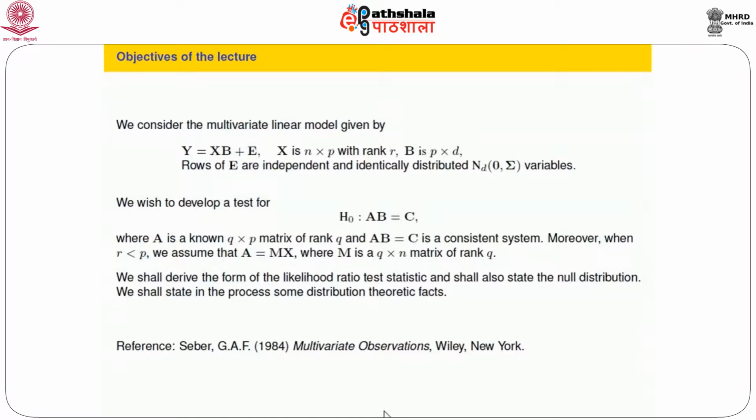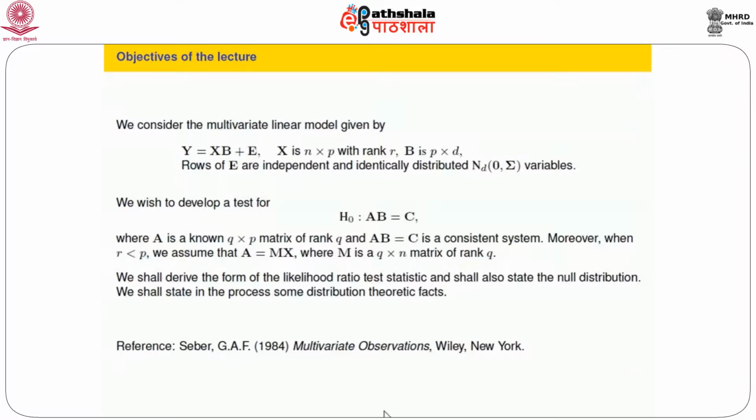Now in this lecture we wish to develop a test for AB is equal to C, where A is a Q cross p matrix of full row rank and AB is equal to C is a consistent system. And since X is not typically assumed to be a full column rank matrix, that means R is likely to be less than p, we assume A is equal to MX.